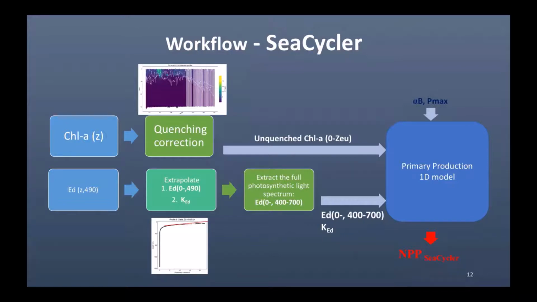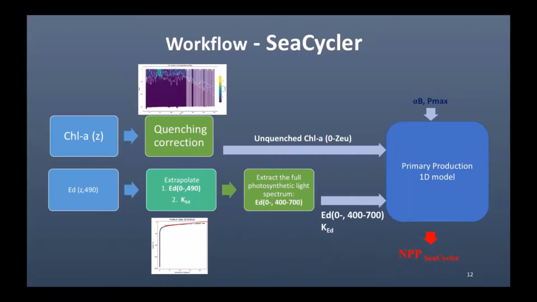Basically, quenching happens when the phytoplankton cells dissipate excess energy, which reduces the release of photon energy as fluorescence. Once we recover those lost signals, we have an unquenched chlorophyll concentration profile, which we can use in the primary production models.